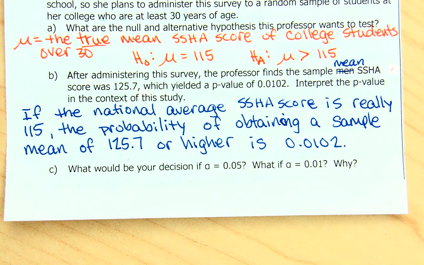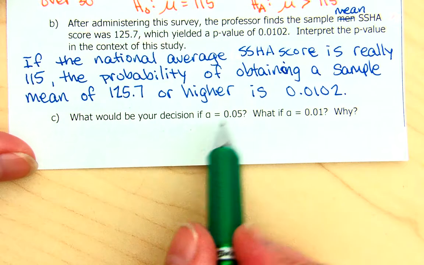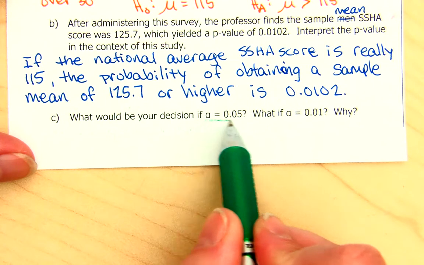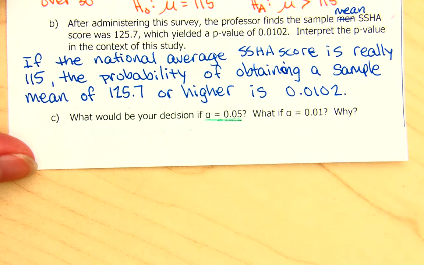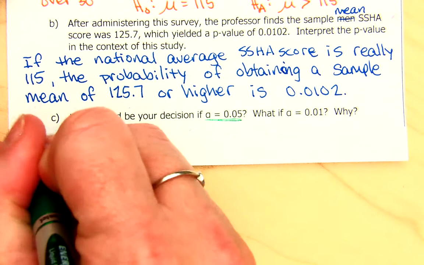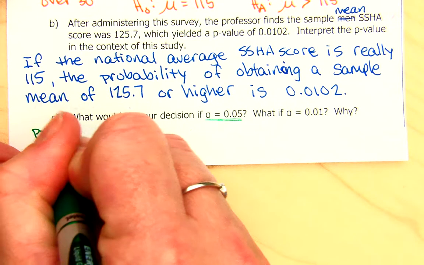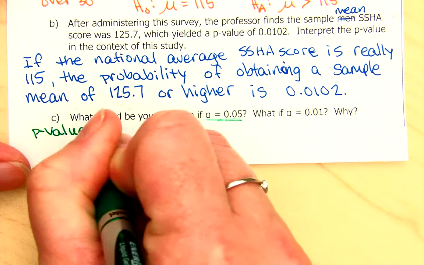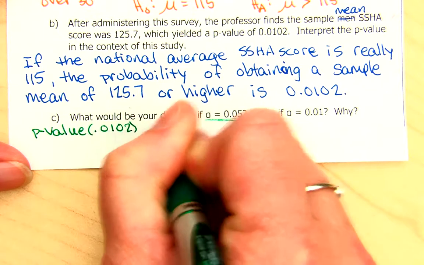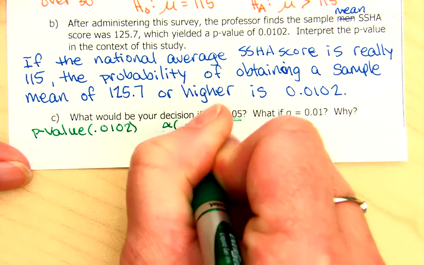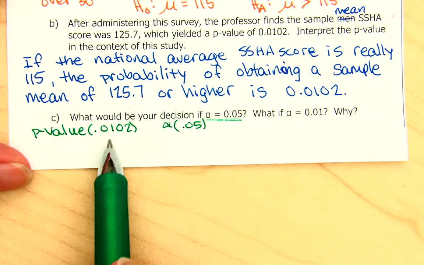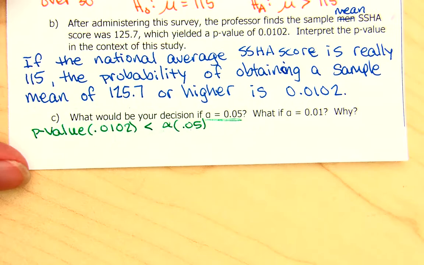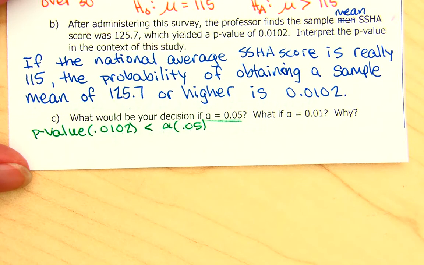You okay? All right, so now we're going to make a decision. So if alpha equals 0.05, what would the decision be? So our p-value, 0.0102, we're going to compare that to alpha of 0.05. And this value is less than alpha. So what is my decision?